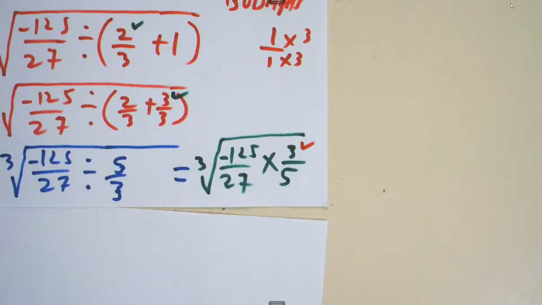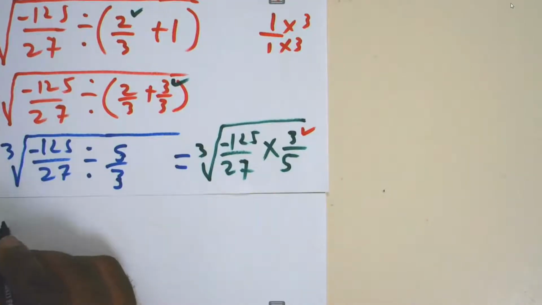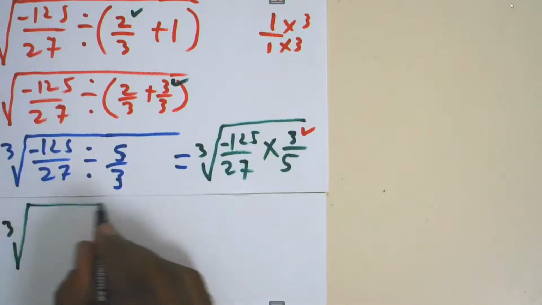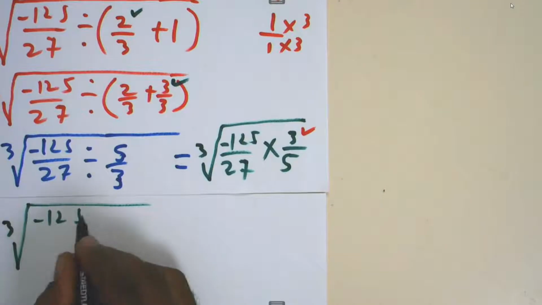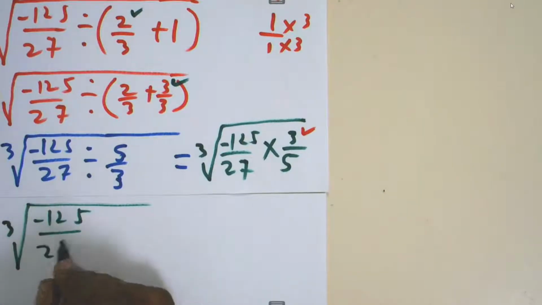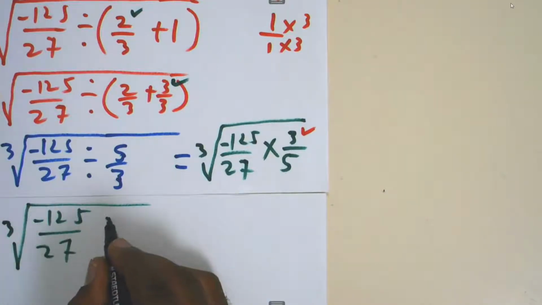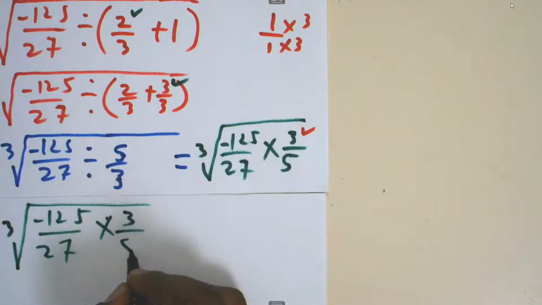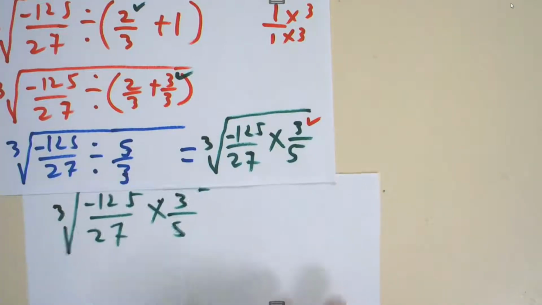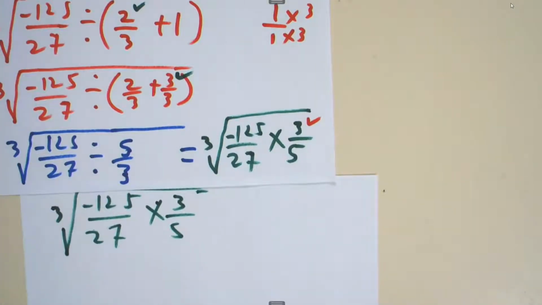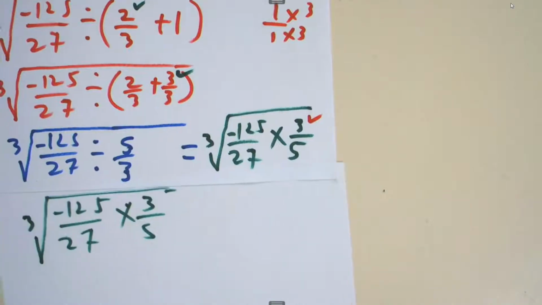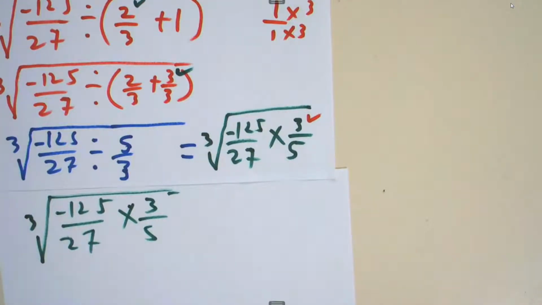Right. Now, cube root of minus 125 over 27 multiplied by 3 over 5. Now it's multiplication. We don't have brackets, but we must work within this.